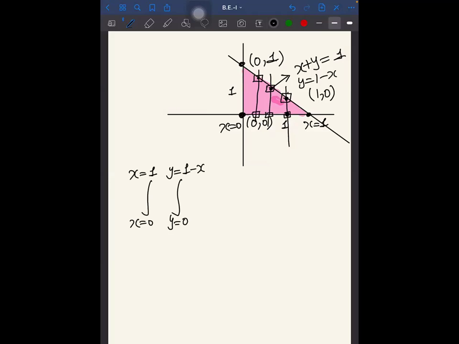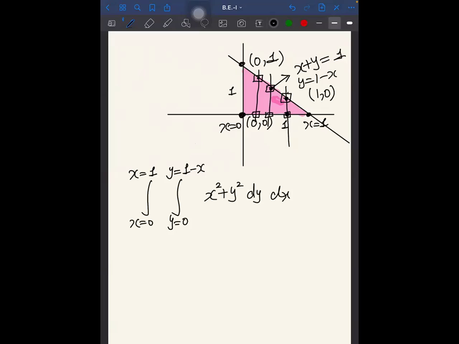We'll specifically discuss this type of question tomorrow, and these are very important. We'll discuss how we decide the limits and how we can change the order of the limits, and the answer will remain the same. These things we will discuss in our next lecture. Anyway, this is your f of x, y, x square plus y square, dy dx.